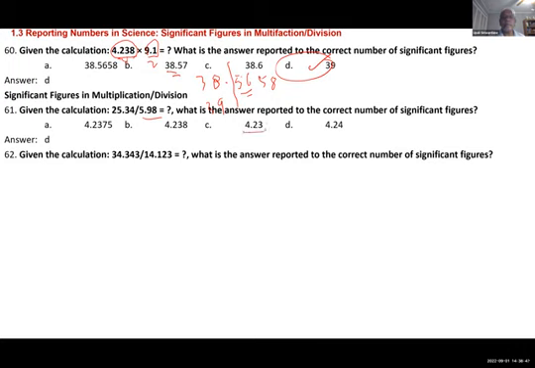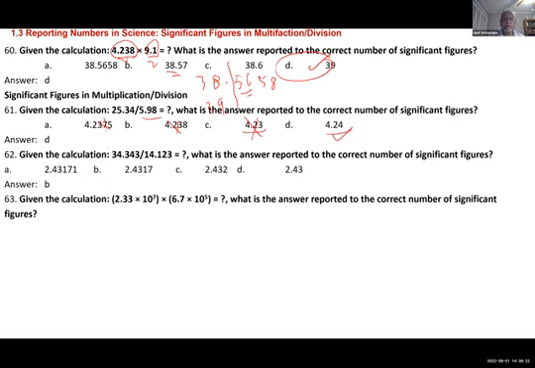This is the correct answer, 3 significant. It depends on the number. So this one is not the correct answer, but both of these got 3 significant. This is 4 significant, so it cannot be the answer. You can rule out based on that. So significant digits are used in multiplication and division.